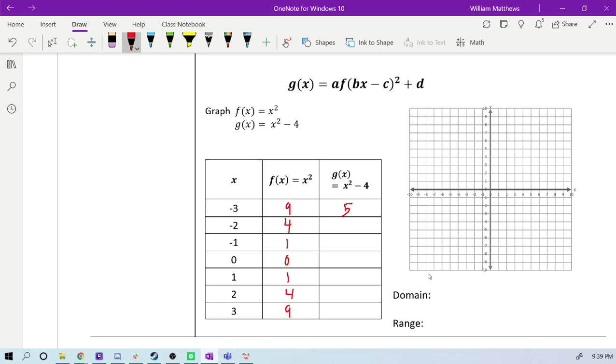Gives us 5. We subtract 4 from the parent function output 4, which gives us 0. From the output 1, which gives us a negative 3, negative 4, and then it starts going back the opposite direction. Negative 3 goes up to 0 and to 5.